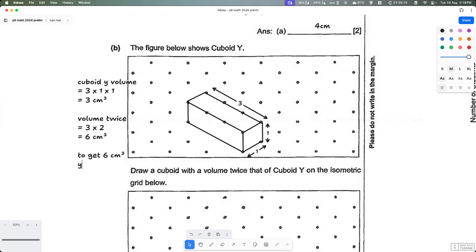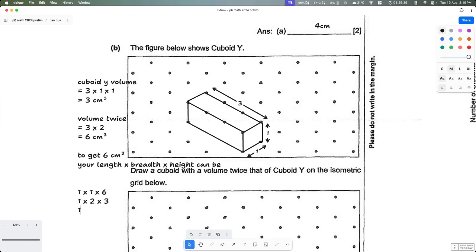To get 6 centimeter cube, your length times breadth times height can be 1 times 1 times 6, right? 1 times 2 times 3.